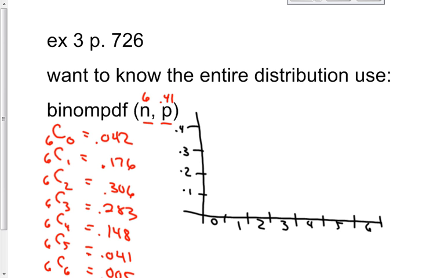Nobody said yes, 0.04. Now you're going to notice that some of your answers are going to be super small. If this is 0.1, this would be 0.05.